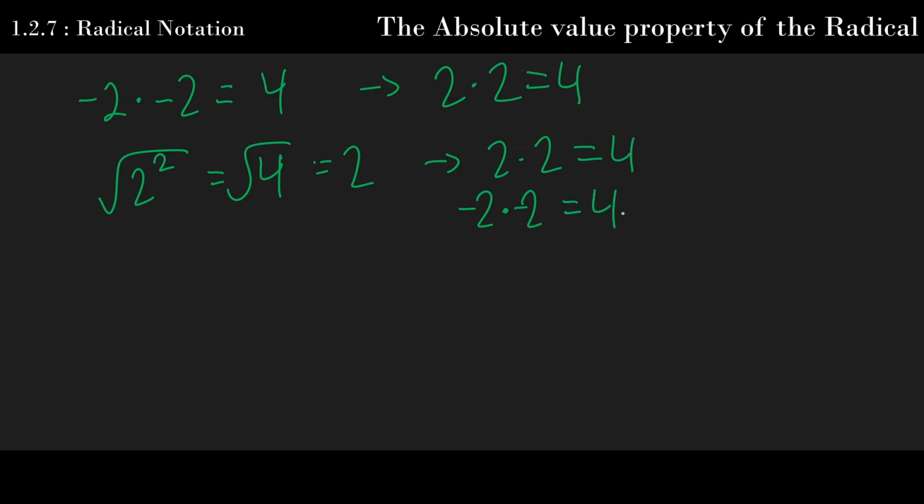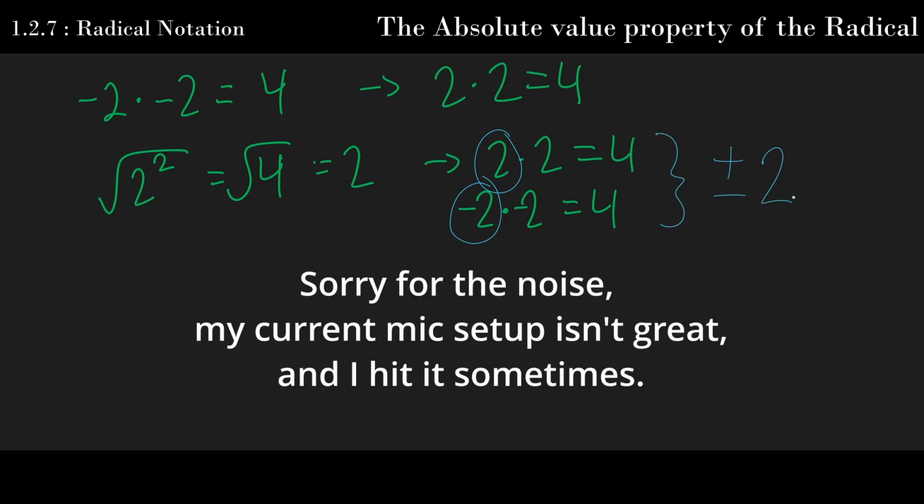So what is the real correct answer of the square root of 4? The true correct answer is both -2 and +2. And we write this as plus or minus 2 to signify a positive and negative part to the answer.